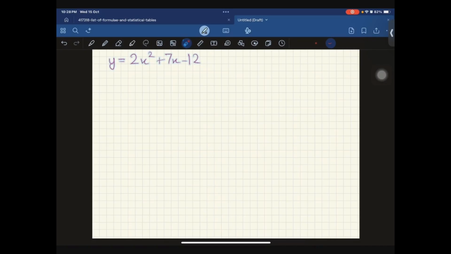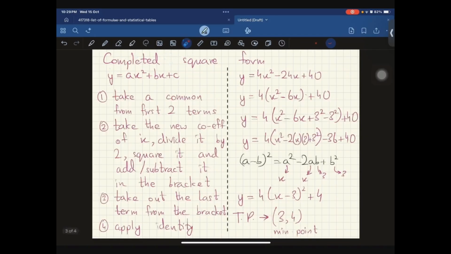No. So coefficient is basically the number that precedes the variable. So if you have, let's say, 2x, the coefficient of x is 2. If you have, let's say, 3x cube, the coefficient of x cube is 3. All right. So the first step over here was to take a common from the first two terms. So a was the coefficient of x square, right?